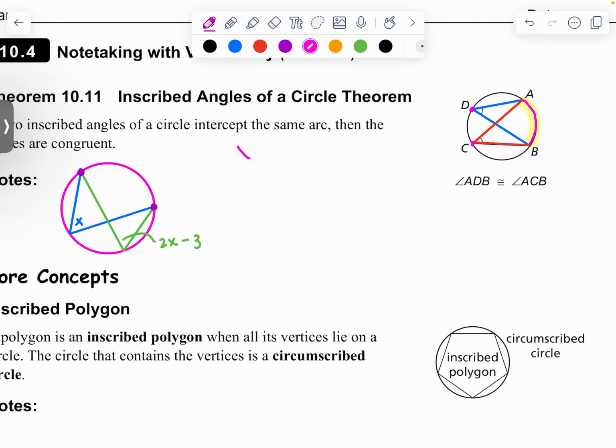Okay, we know that x better equal 2x minus 3. Pretty lame.